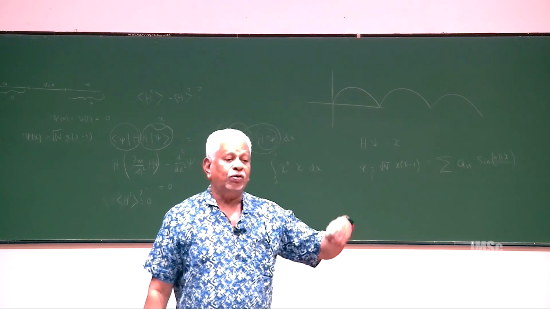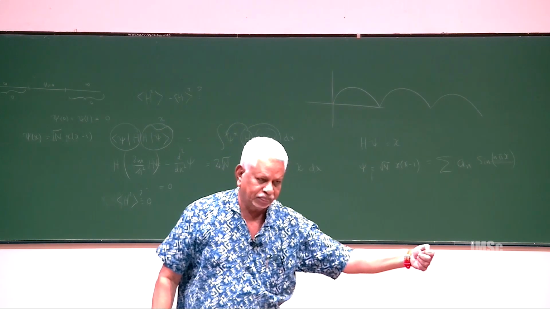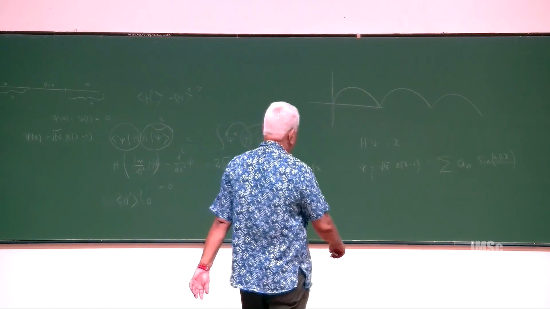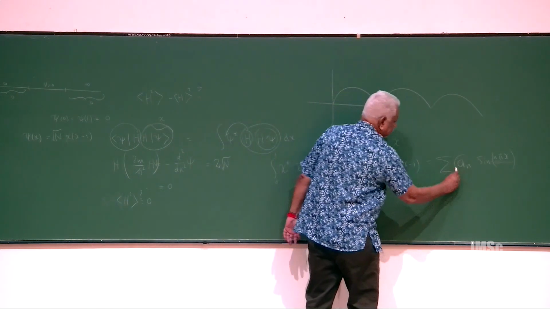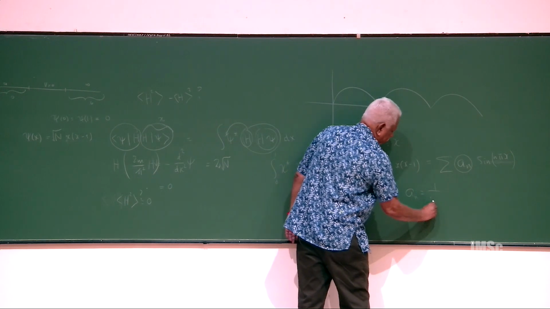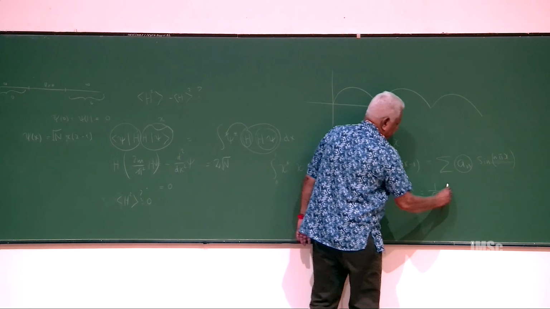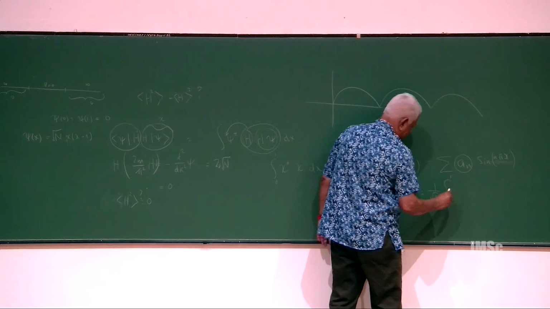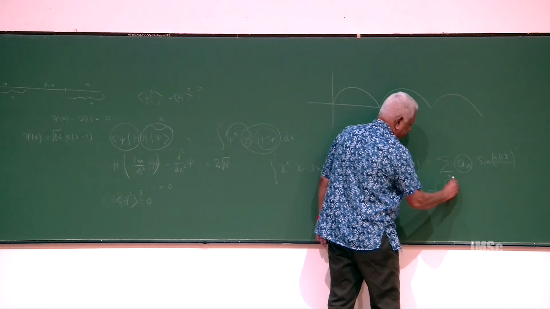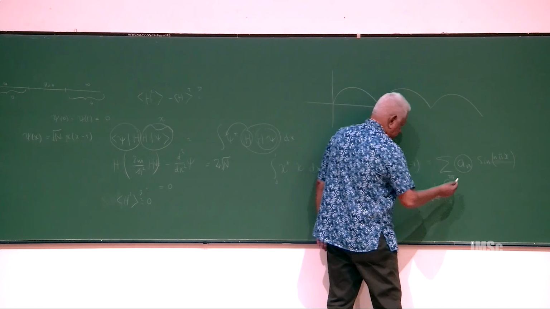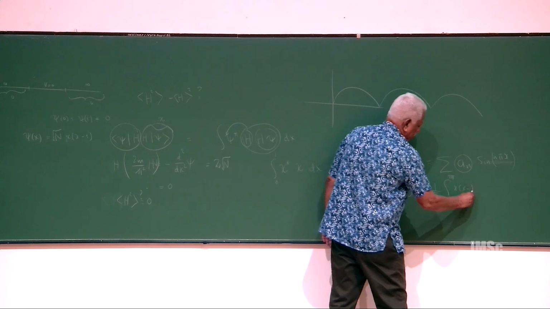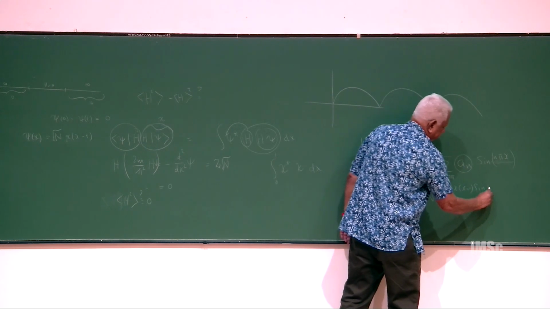If you want, you have to find the coefficients an, right? The coefficient an is actually 1 by some 2 pi, from 0 to 1, actually 0 to pi, 0 to 2 pi, and then x into x minus 1 into sine n pi x.